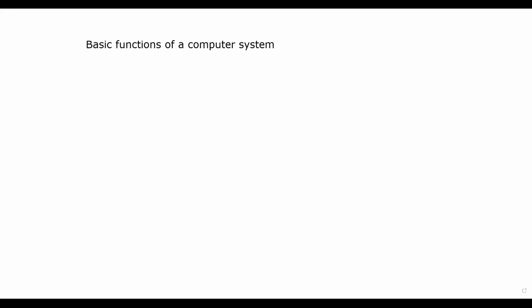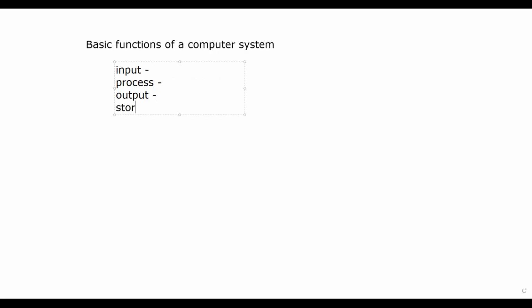Now when you say input, what we mean by input is necessary data and instructions, right? Then process, you basically convert data into information. Output, that means you get the results out of this.